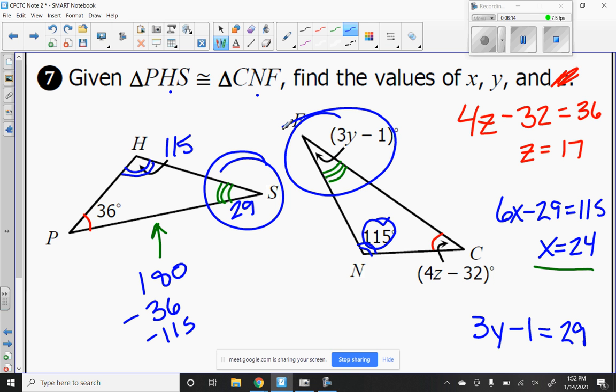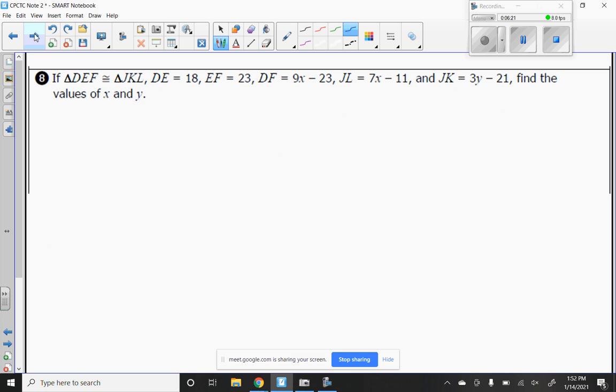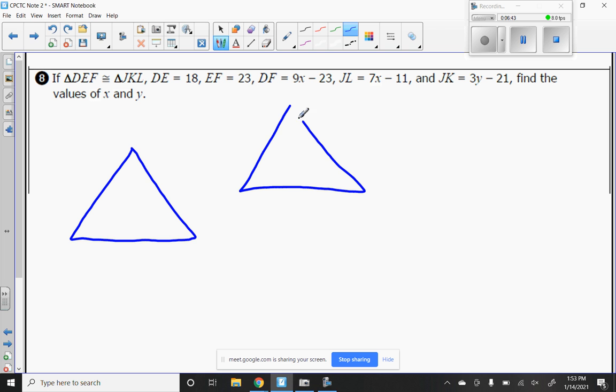I'm going to go on to the next one and then ask if you have any questions because I'm recording. Okay, so on a word problem, a lot of people, you know, I know it takes time to draw, but it does help. But if you do draw, make sure you draw them as close to the same exact size and orientation as possible.